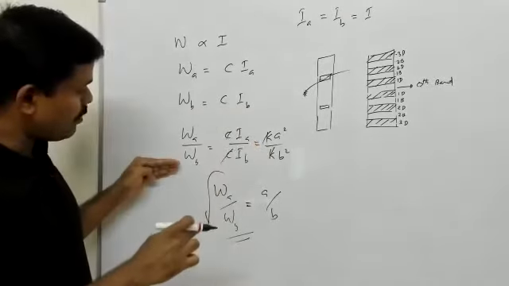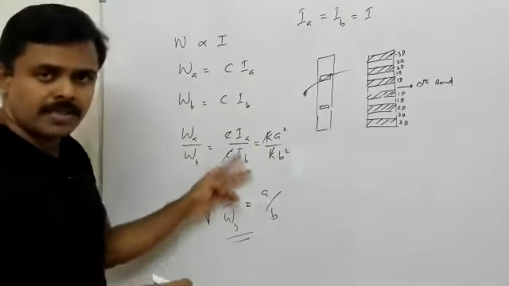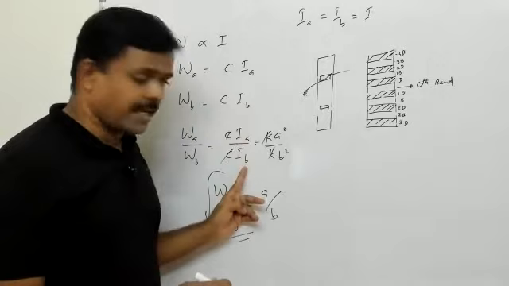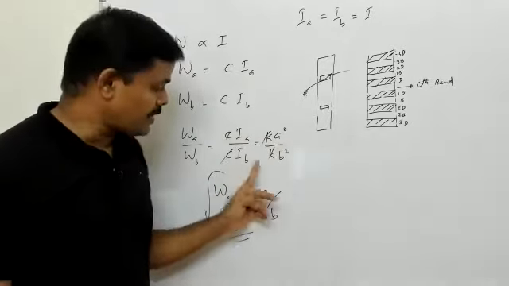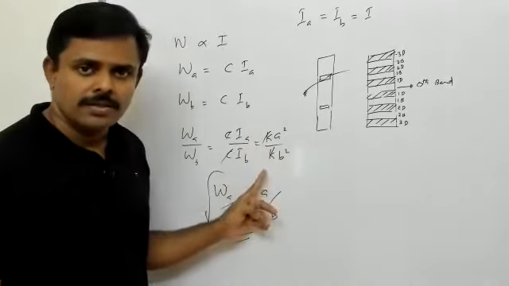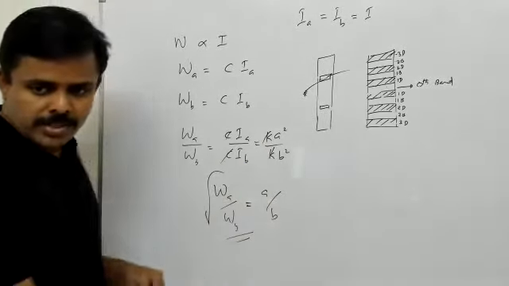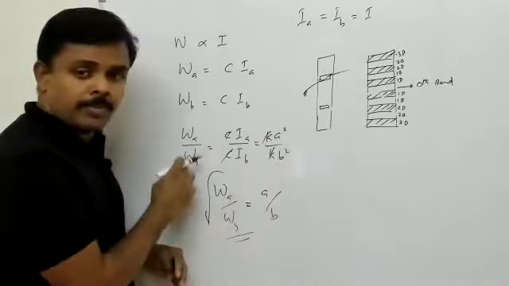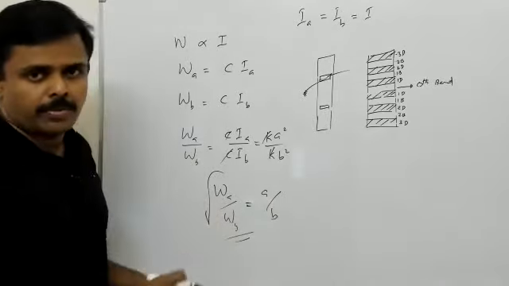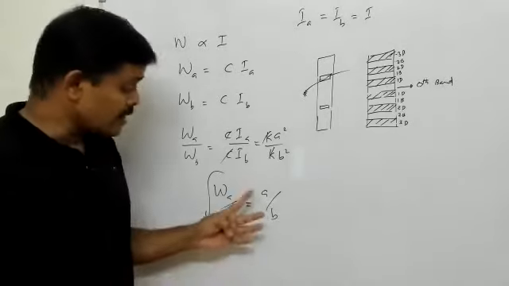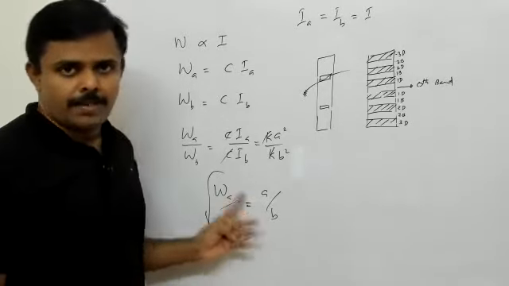Then WA by WB is equal to CIA by CIB. C and C are gone. IA by IB. IA is KA square, as we learned at the beginning. IB is KB square. K's are also gone. Then you get A square by B square is equal to WA over WB. Then A by B will be root over WA by WB. This is the relation connecting slit width and amplitude.